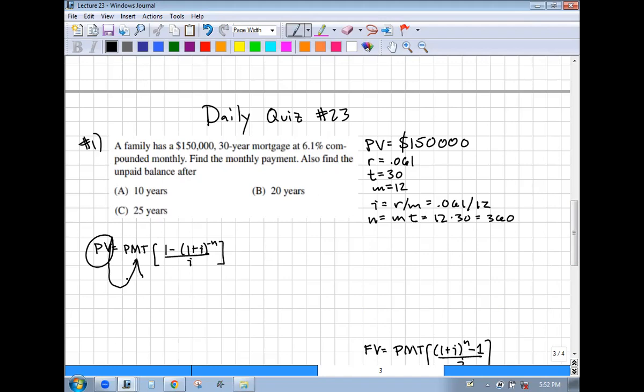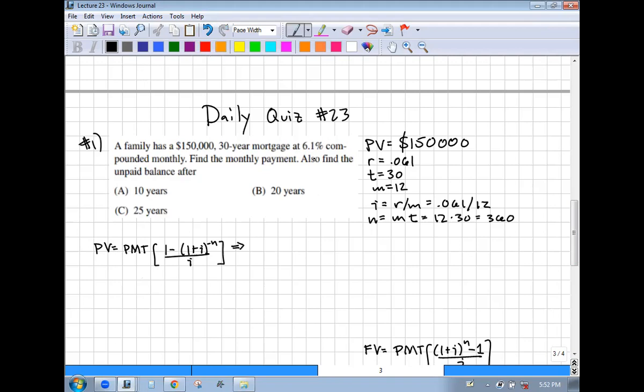So this is kind of the same thing, but the bank invested into us a present value, right? And each time we make a payment, it's basically like they're getting that payment. So it's the same thing. It's just who gave the money up front and who's paying the interest. Those roles are reversed. So here's our basic formula.